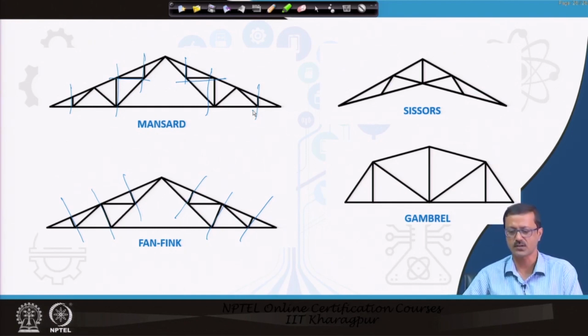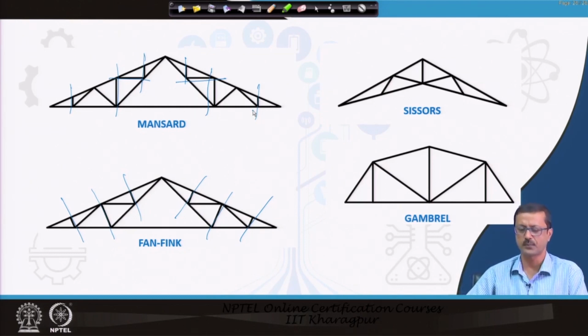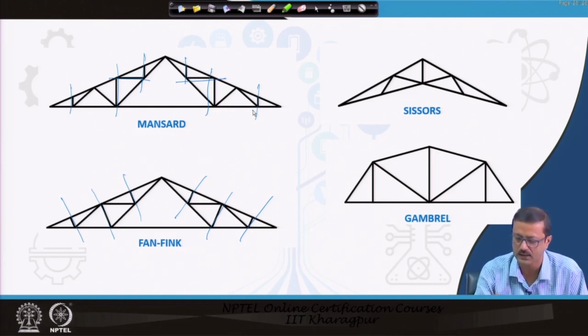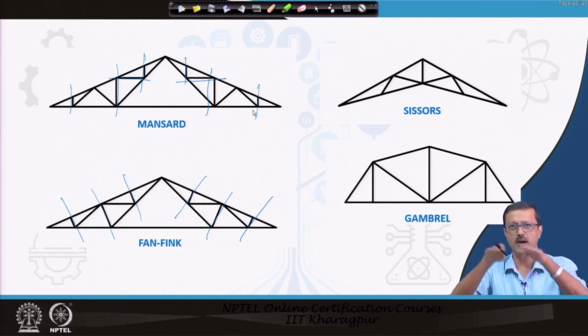The scissor truss or the gambrel truss is also there. You see it has probably the same type of notation, or the same type of geometrical formation, but the pattern of the external roof is changed in the gambrel, and the bottom pattern is changed in the case of the scissor.